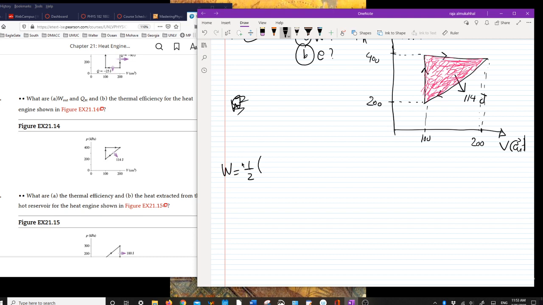Hold on. I need to determine what is the height and what is the base. Let's assume the base is this one, that's the base and that's the height. So if this is the height, then it is 400 minus 200, correct?